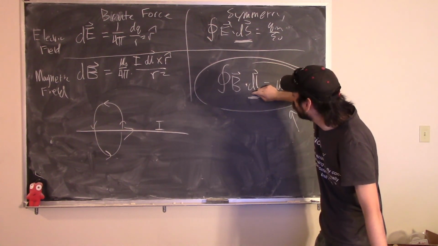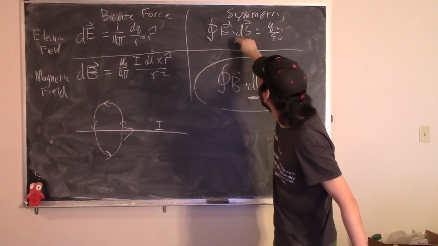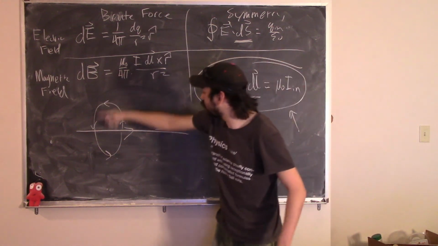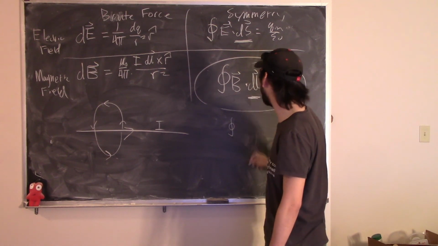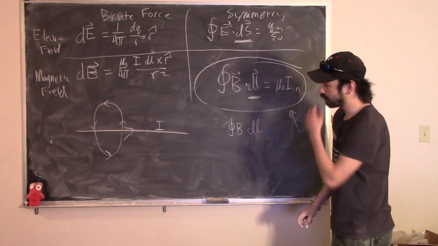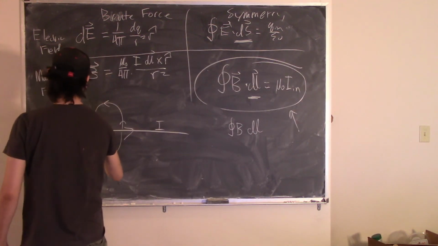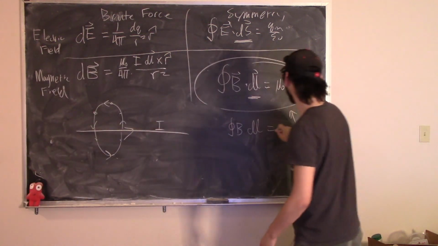So when I do that, just in the same way that with Gauss's law, if I had the right surface, this integral reduces. Now that I have the right loop here, this integral reduces. So the integral of B vector dot dl is going to become the integral of B times dl. B is going to have the same value at every point on this loop, which means I can pull it outside the integral.